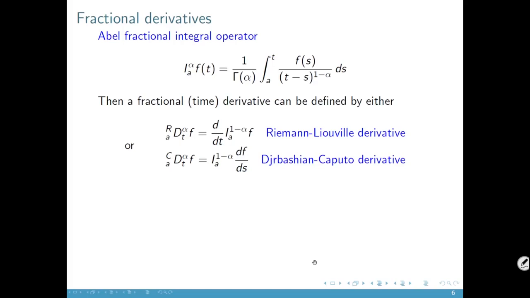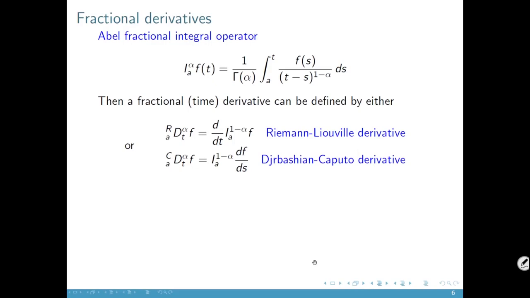That's why I like to attach the name Abel to them. And they start off with this fractional integral operator. So that's the ordinary integral operator with a singularity that can be scaled, so to speak, by this exponent. And it corresponds to, so alpha equal to 1 corresponds to just integration, alpha equal to 0 up to initial values corresponds to the identity, basically.